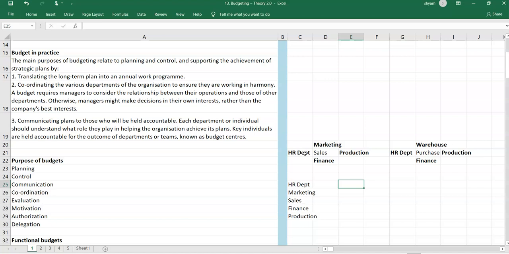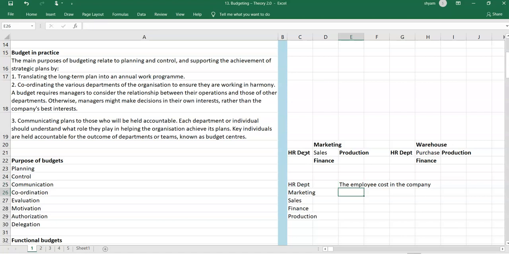The HR department is responsible for the employee cost in the company. They are the ones who fix the salary for employees. So they will be given a target that they should not go beyond a limit.